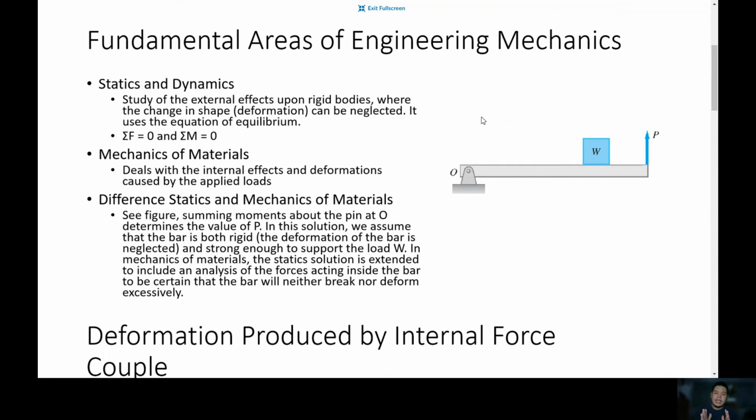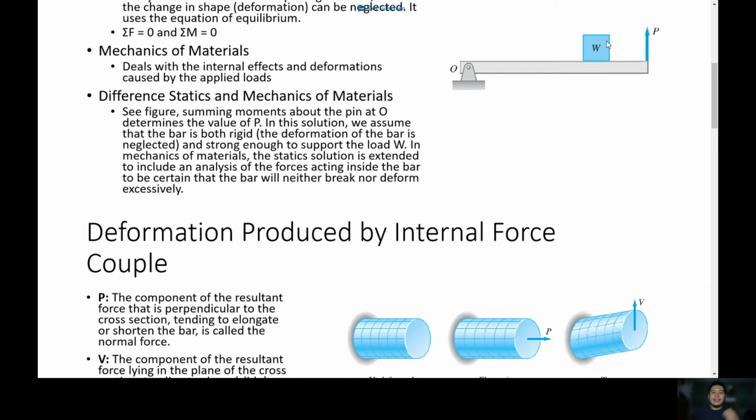It may compress and shorten the material, and if we put tension or tensile force on a certain material, it will elongate. So in deformable bodies, we are also determining the elongation, the deformation that happens when we apply certain forces to a material. Okay, so deformation is produced by internal forces.